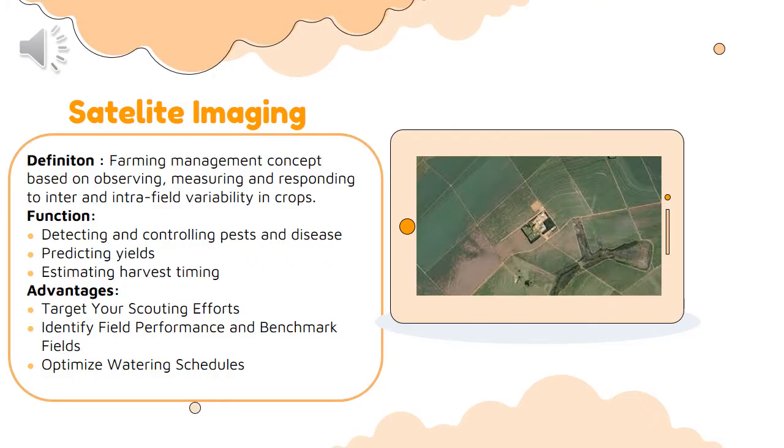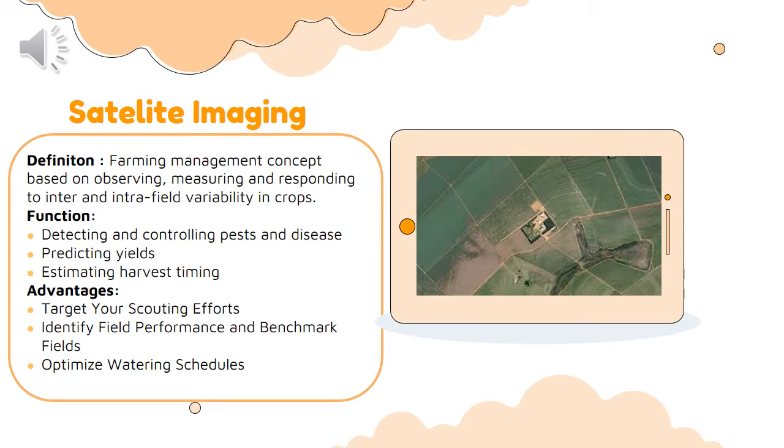We go to the second technology, which is satellite imaging. It is a farming management concept based on observing, measuring, and responding to inter and intra-field variability in crops. This isn't just a bird's-eye view snapshot, but imagery in resolution of 5 megapixels and even greater. Crop imagery lets a farmer examine crops as if he or she were standing there without actually standing there.